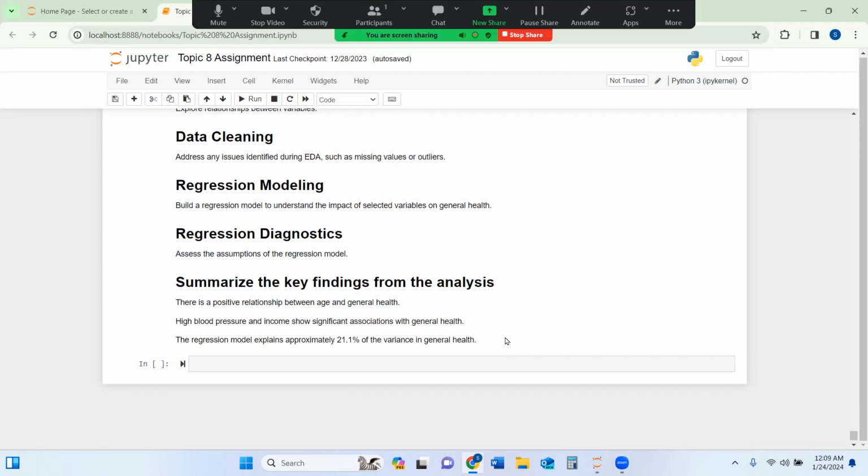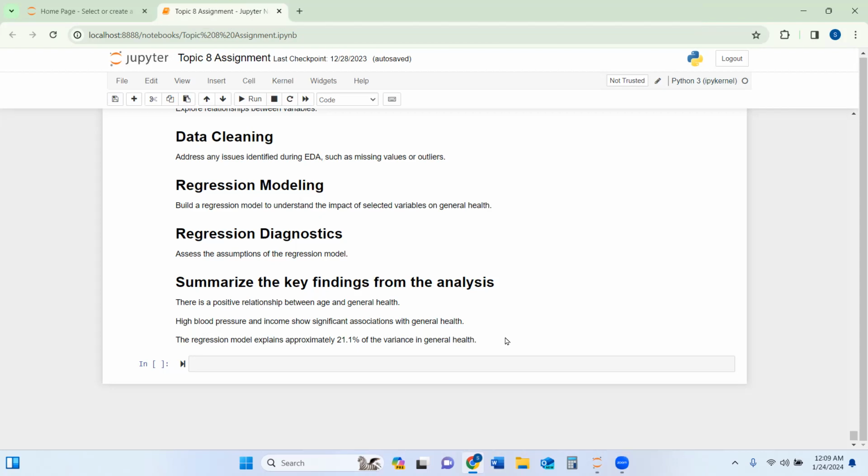And the key findings from the analysis are, for example, a positive relationship between age and general health, while high blood pressure and income show significant association with general health. The regression model explains approximately 21.1% of the variance in general health. And that's my presentation.